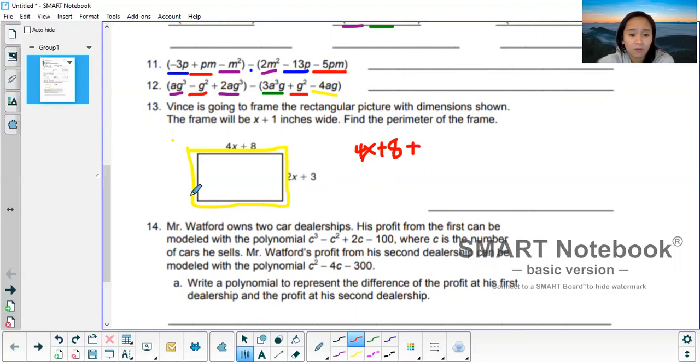So if you're going to find the perimeter, that side is just equal to that side. So you also add another 4x plus 8. Actually, you can multiply 2, but just so not to confuse you, okay? So let's just have adding for everything. Then you got 2x plus 3, and then the opposite side is also 2x plus 3.